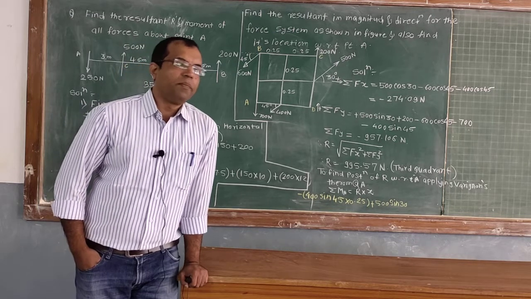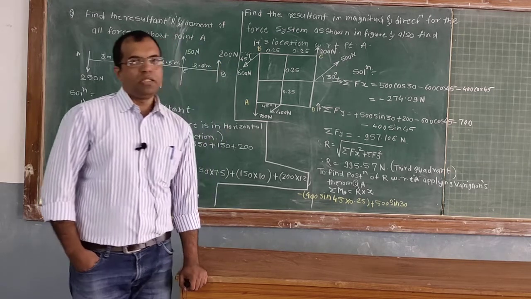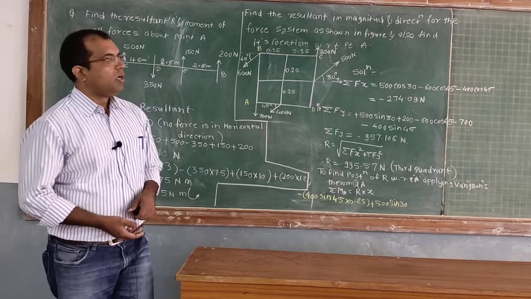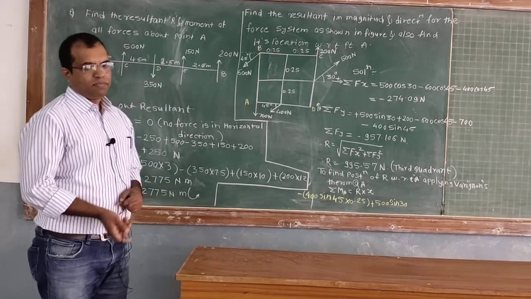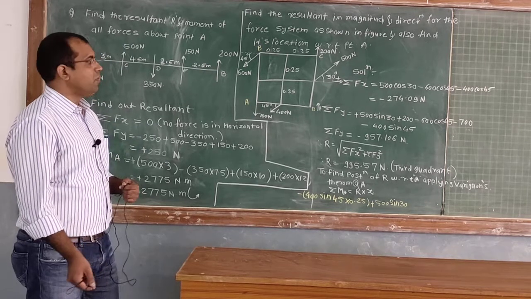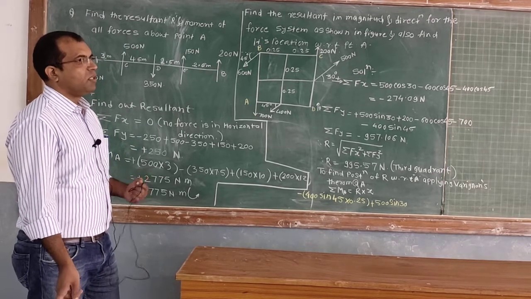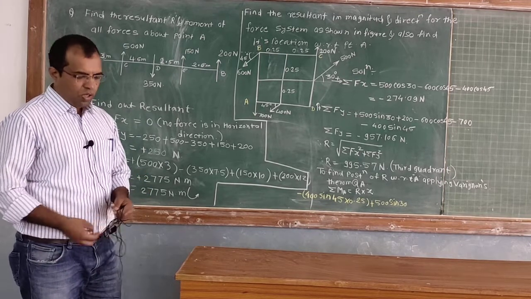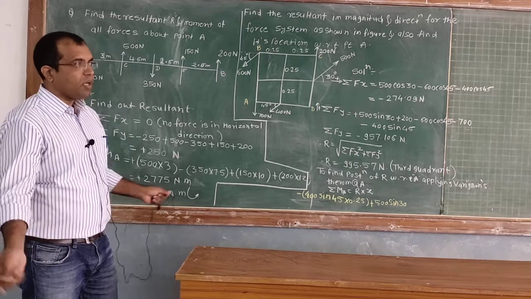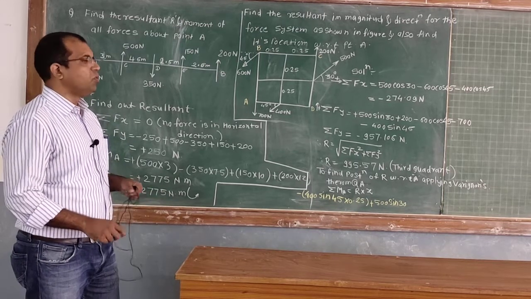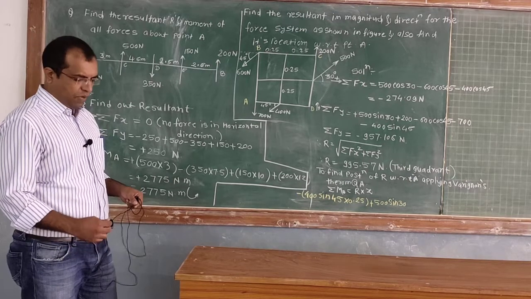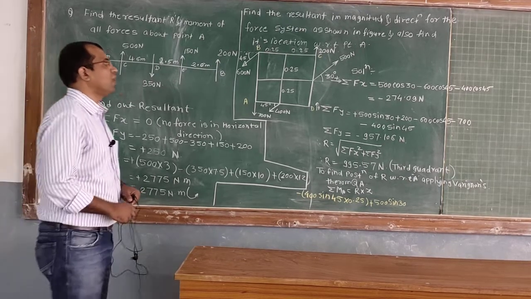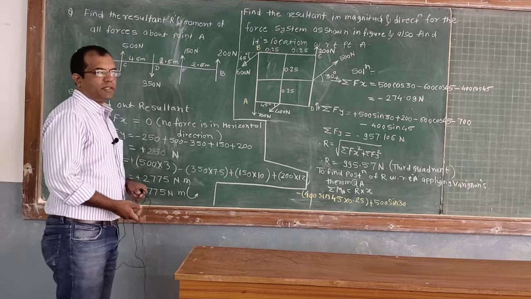Then we learned the theorem of Varignon. We learned the usefulness of that theorem. The theorem is generally useful for calculating the position of the resultant with respect to some reference point. So Varignon's theorem is applicable to find the position of the resultant.